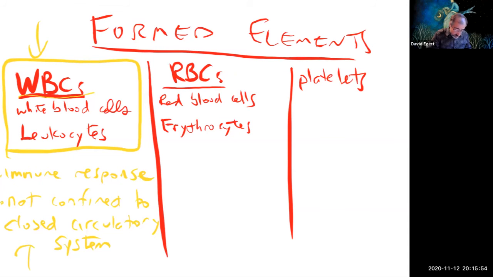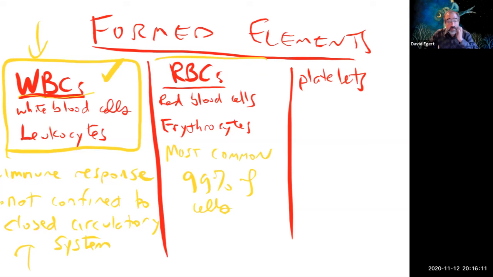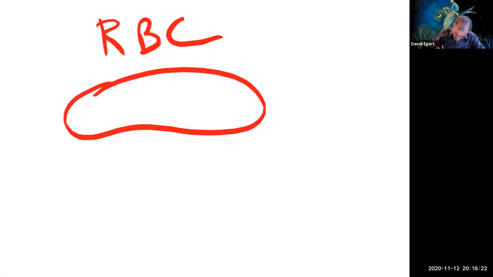And again, we will talk about them in more detail later. RBCs, these are most common, like 99% of the cells. Let's talk a little bit about red blood cells.